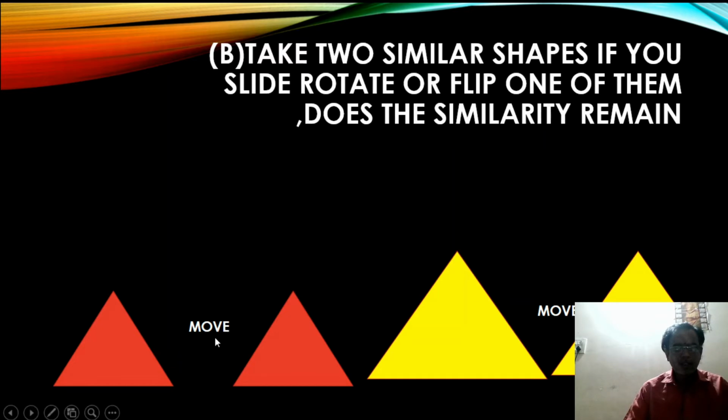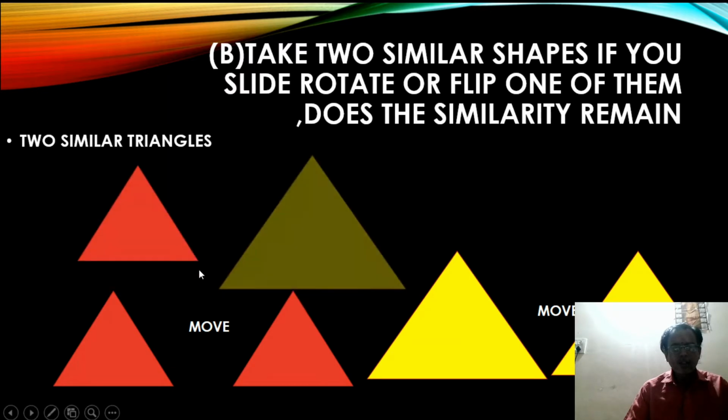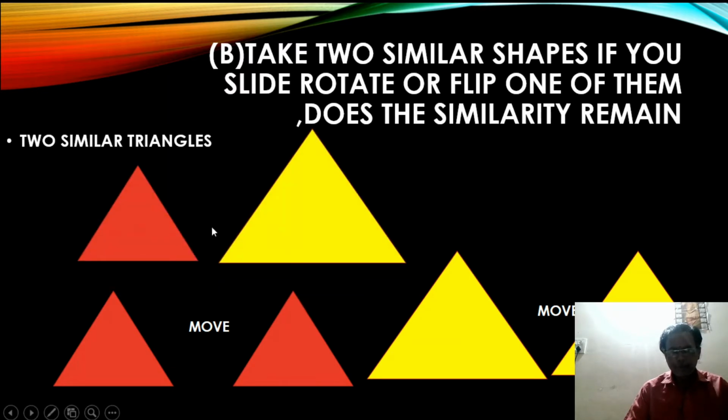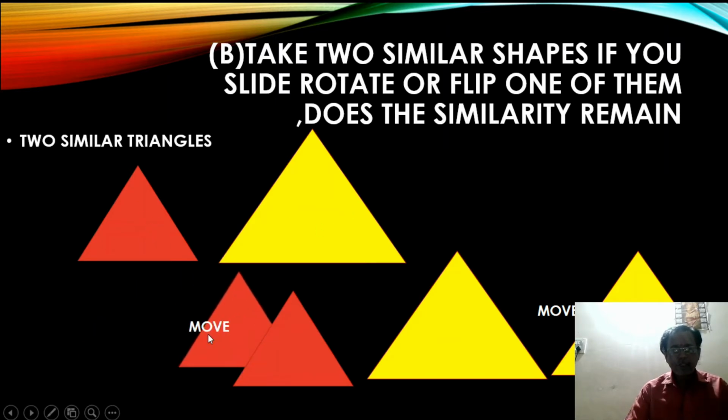Let us see. Here I take 2 similar triangles. Similar triangles means they have the same shape but different sizes. This one is small and this one is big.